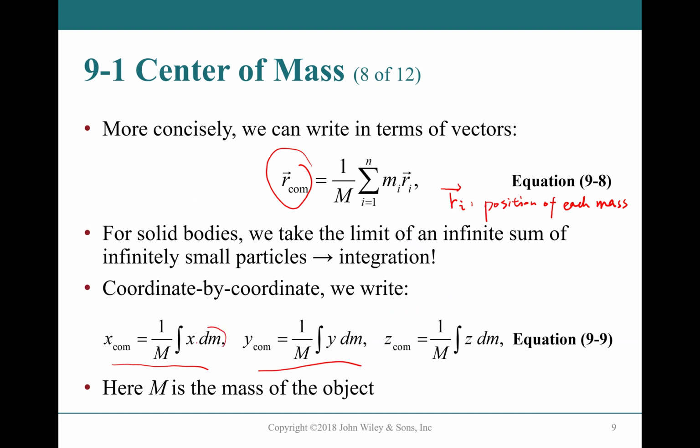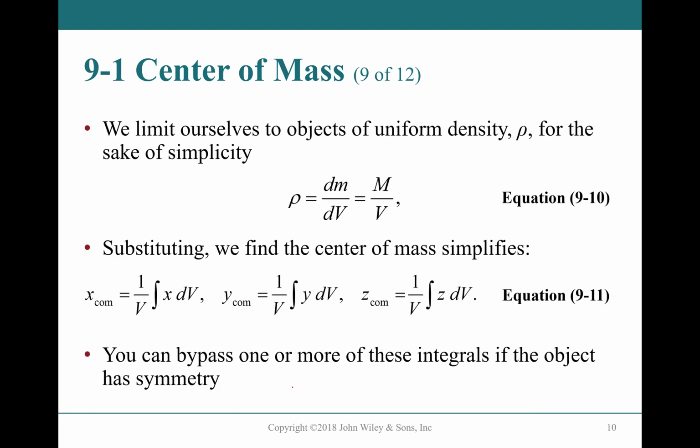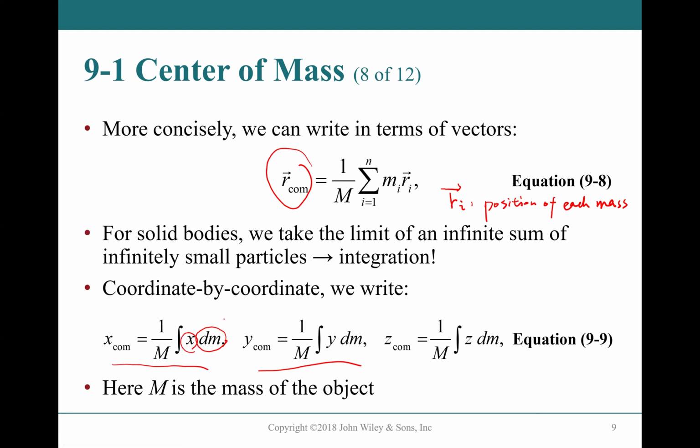So the little piece of mass times the position of the little piece, do the integration over the whole object, and then divide by the total mass. And the y direction and z direction will be the same. So M is the mass of the object. And also here, if we limit our object to be uniform with density rho, then this little dm you can write as rho dv, right?